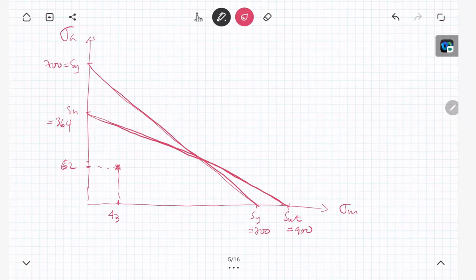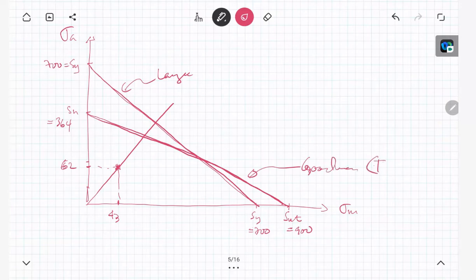experienced by the shaft. So when we plot the straight line, sebenarnya kita boleh dapat the maximum one. Okay, this is the Langer line. This is the Goodman, the line of Goodman. Goodman is fatigue. This Langer is yielding.